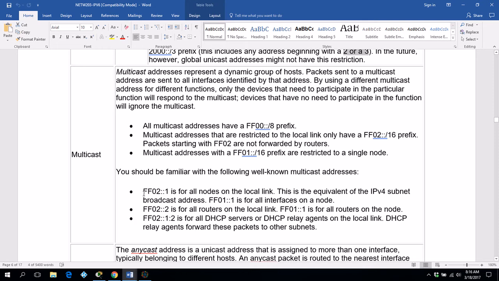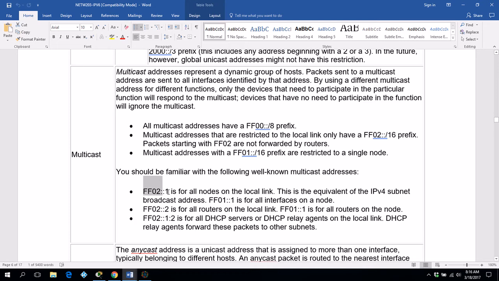If your address begins with FF02::1, that is similar to a broadcast address. FF02::1 sends the packet to everyone in the network. FF02::2 is to all routers. FF02::1:2 is for a DHCP server. Everybody joins FF02::1, and that will simulate a broadcast address.